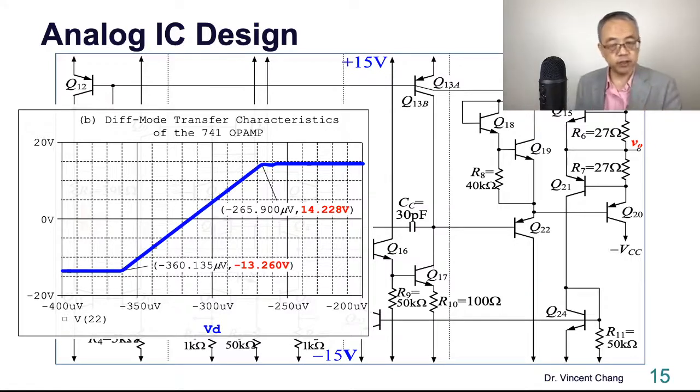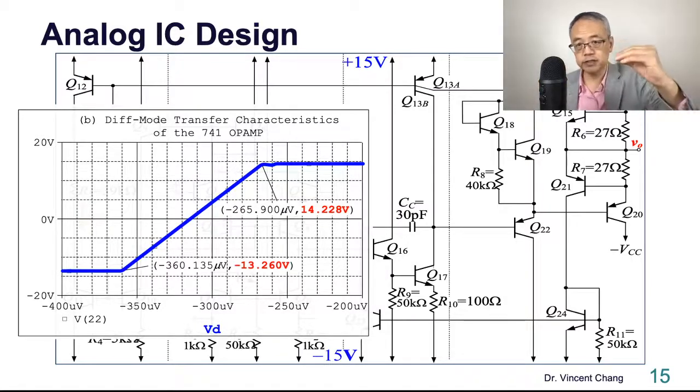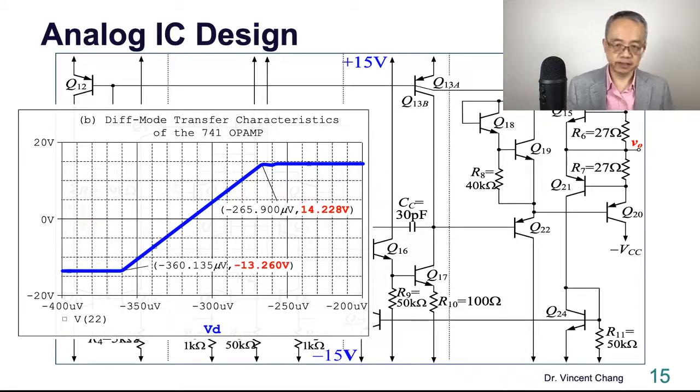The second takeaway is the saturation voltage is what we call the rated output voltage. As for the detail to analyze how to get the 14.2, that's the subject of analog integrated circuit design.